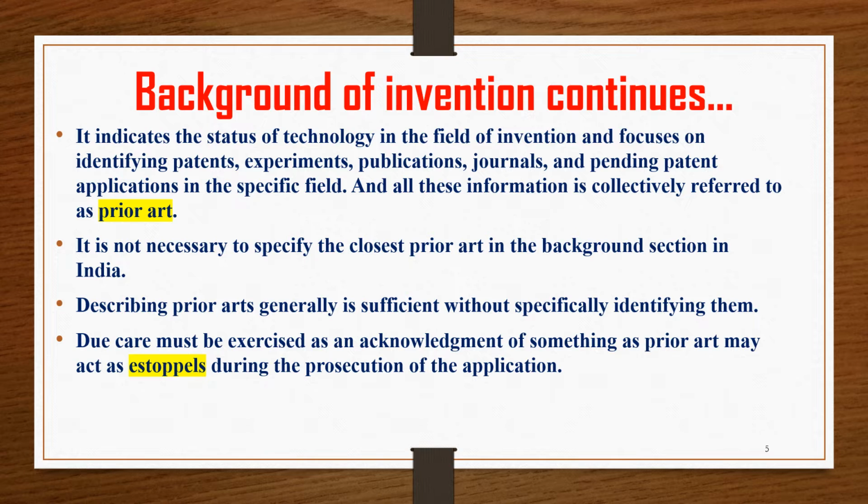That means the apprehension is that the prior art may create an obstruction, or it can clog, during the prosecution of the application. That's why due care is exercised as an acknowledgement of something. Okay, so I hope now it is pretty much clear. So let us proceed.